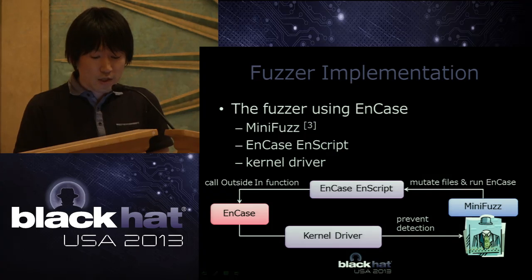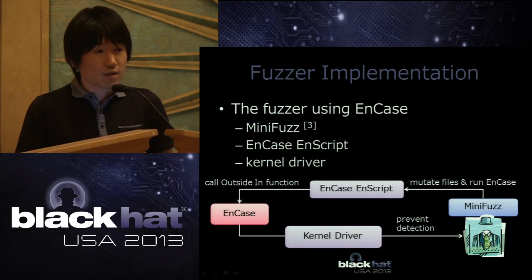It mutates input files and runs EnCase. Next, a custom script called EnCase EnScript invokes Outside In functions to display files. By the way, EnCase usually detects MiniFuzz and terminates it immediately, because MiniFuzz debugs EnCase to monitor exceptions and register values at that time. So I wrote a kernel driver to prevent detection.